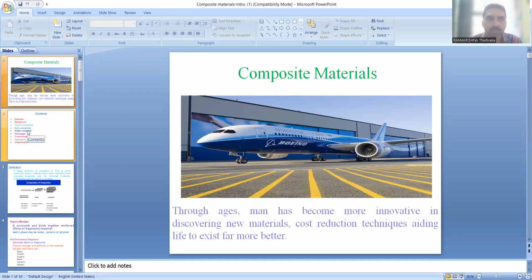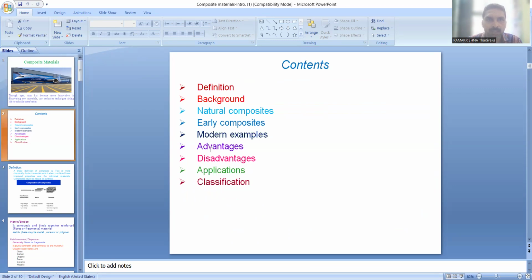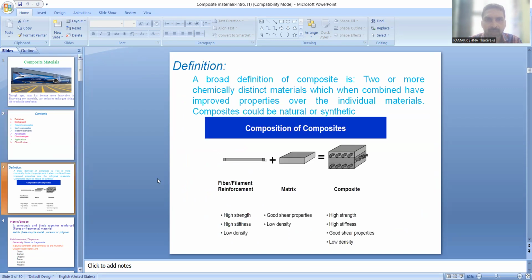The contents of composite material are the definition, background, natural composite, early composite, modern example, advantage, disadvantage, applications, and classification. A broad definition of composite is two or more phases.